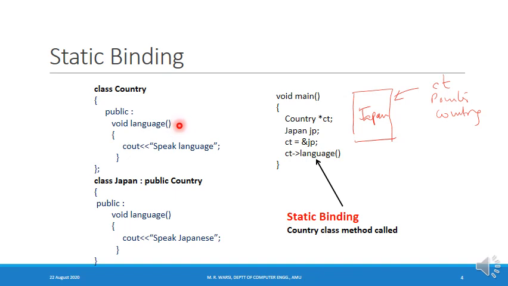Now, if you examine, this binding can take place statically at compilation time. So at compilation time, it can be decided to which definition this will bind. So this binding is a static binding.